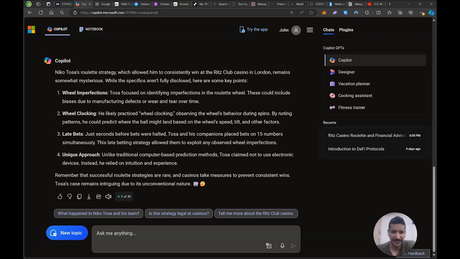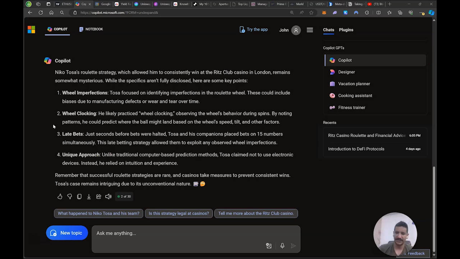So he gained an edge to be able to profit large sums of money based off using inefficiencies. Pretty interesting story. I think it's worth the read, but you can apply this into the markets, right?